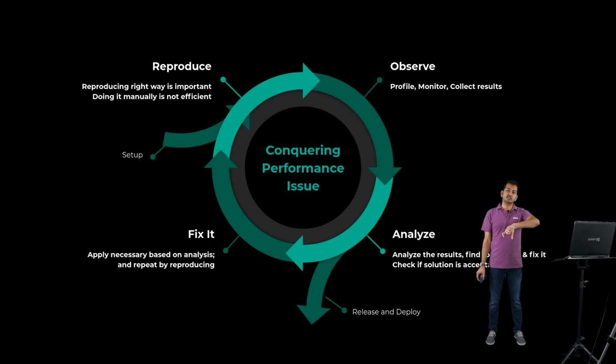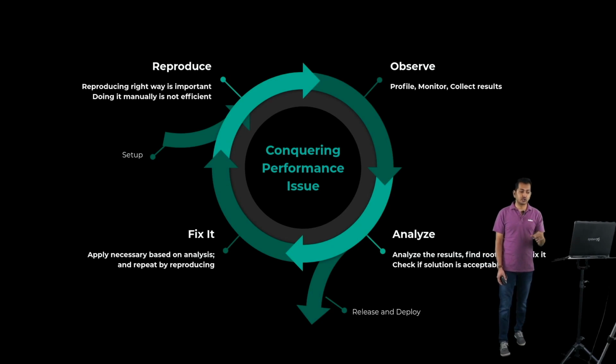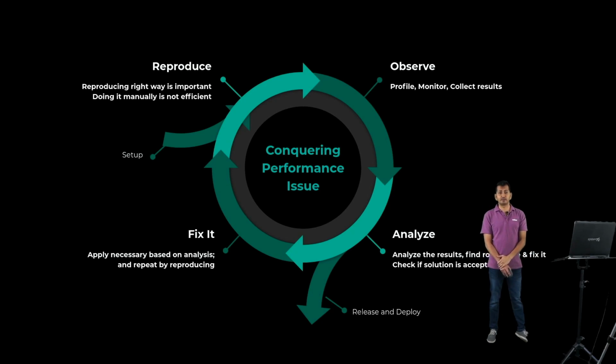Then analyze your results. Once you observe, you have the data, analyze it, find the problem, fix it, reproduce it, and keep going as many times as you need until you find that you have an acceptable result. And once it is acceptable, just finish your job, fix it, and release it, and that's the end of the performance problem.